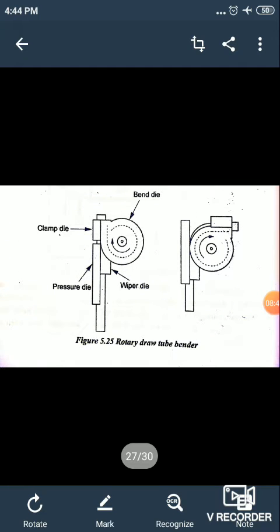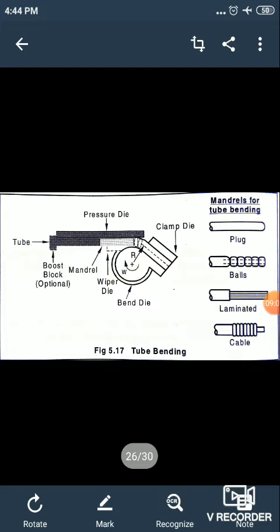It consists of several tooling components. Here we can see bend die, clamp die, pressure die, and wiper die. We can also see the mandrel in this figure.